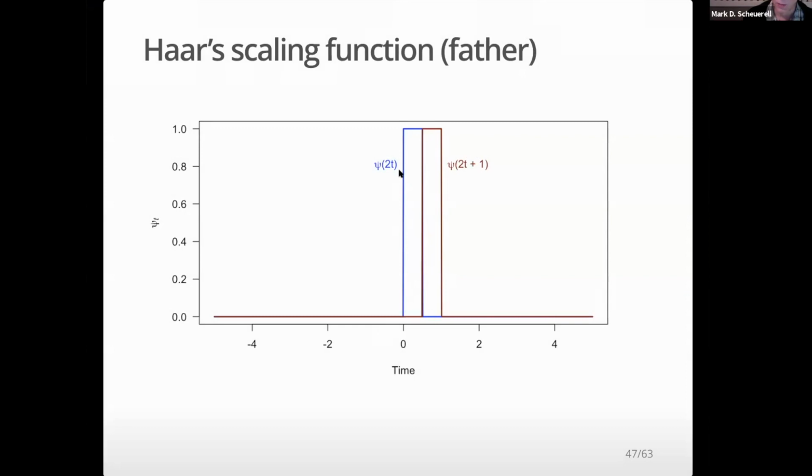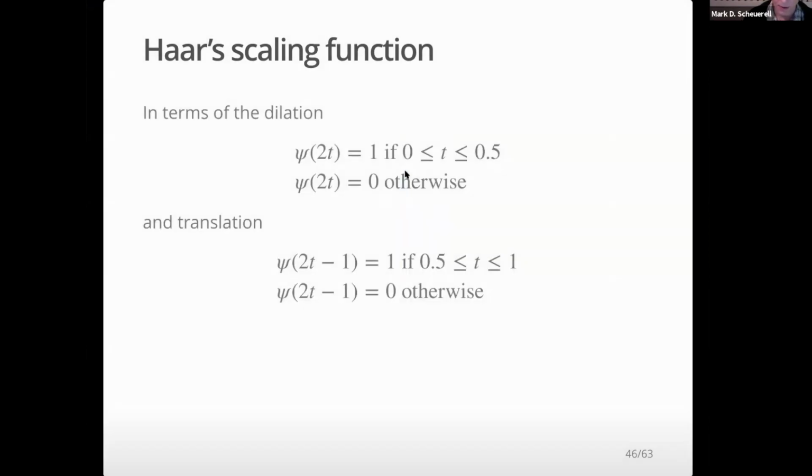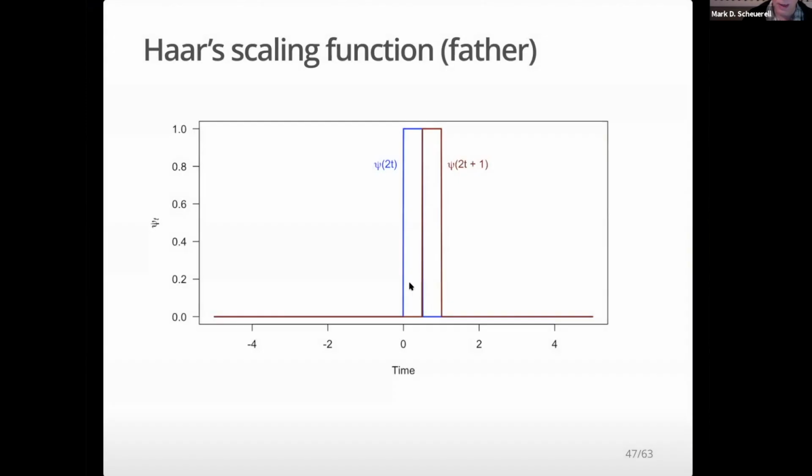So here's one where at 2t, right, this one here, is 1 if it's between 0 and 0.5, and then 2t minus 1 is 1 if it's between 1/2 and 1. So here's our first one, 2t, it's 0 everywhere except in this region. That's down to 0 here. And that one at 2t minus 1 is 0 everywhere, but it's 1 here.